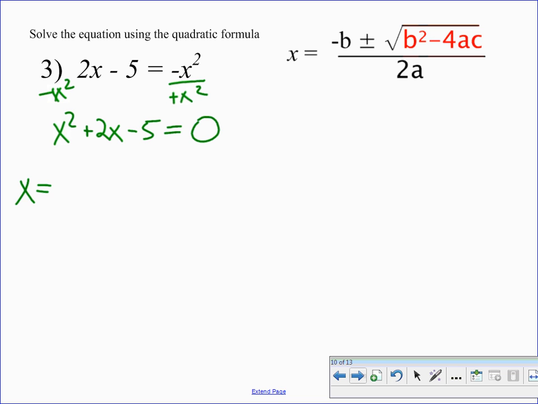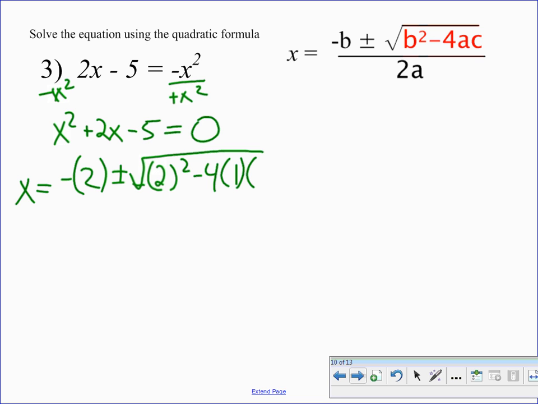So the solution is x equals negative b plus or minus the square root of b squared minus 4ac over 2 times a.